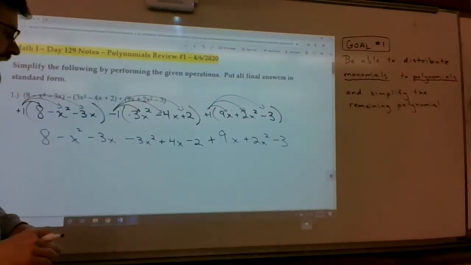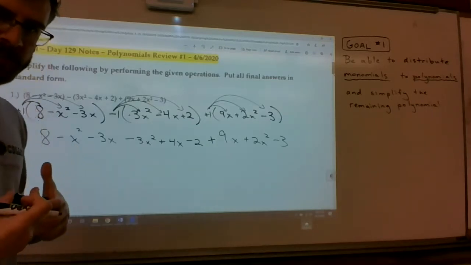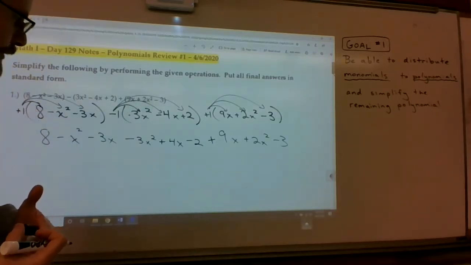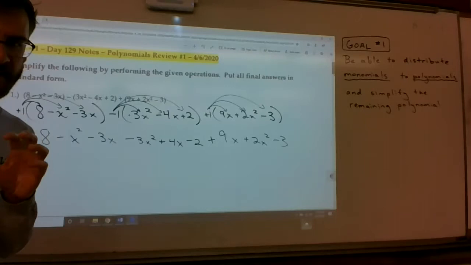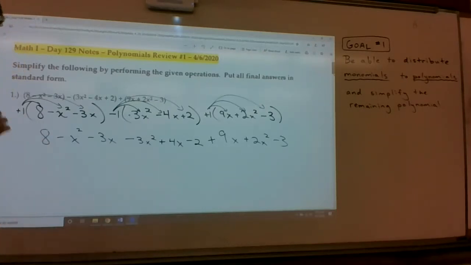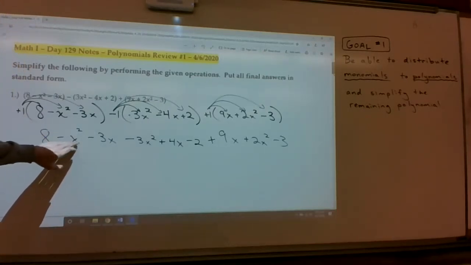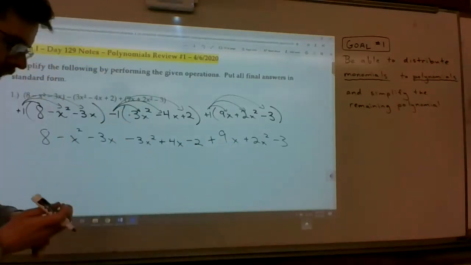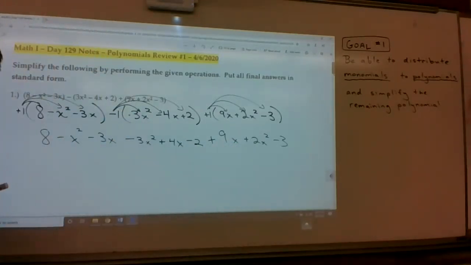So now it's like I got a plus in front of this 9x, and this is the part where we can group together the like terms. If we want to put it in standard form, that just means biggest power to smallest power. The biggest power in this case would be the x squareds. So I'm going to collect these x squareds, maybe using some different colors to help us organize.